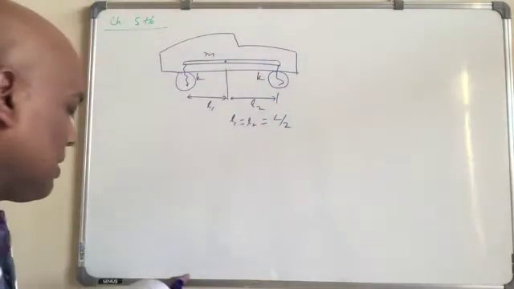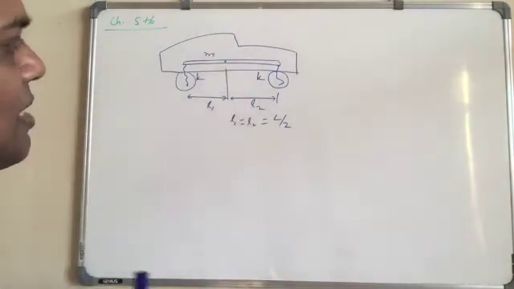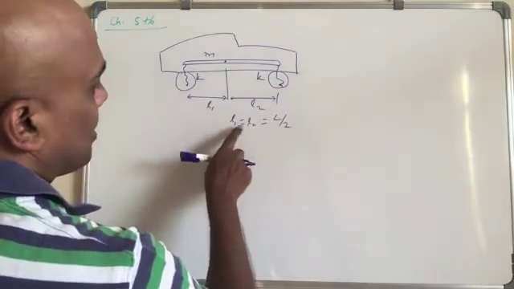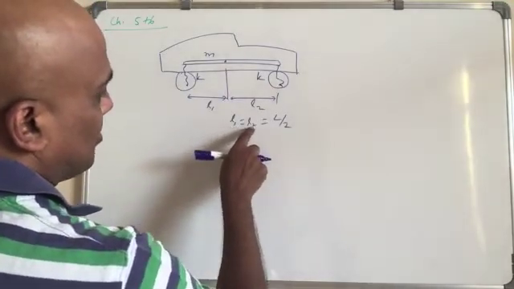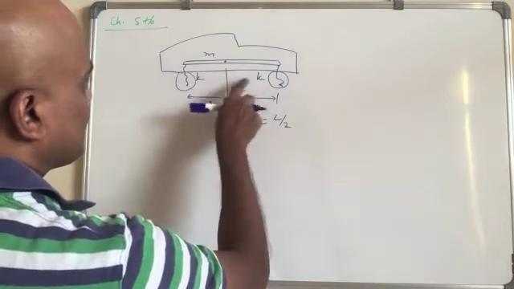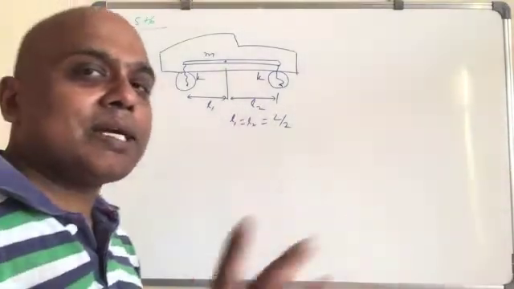And then I asked what will be the natural frequency of just the vertical vibration. If you consider just vertical vibration, when you have L1 equal to L2 equal to big L over 2, both are the same k, and the center of mass is exactly in the middle, you will see that the two modes are entirely independent.